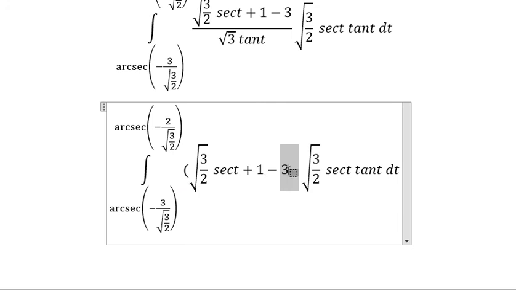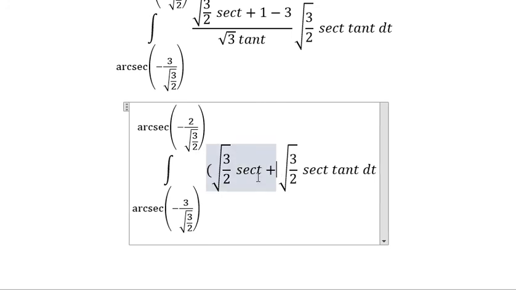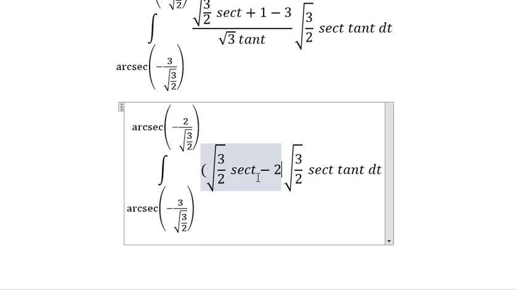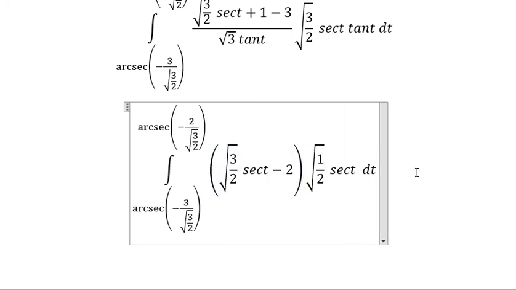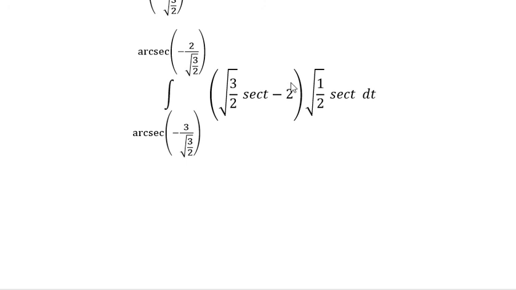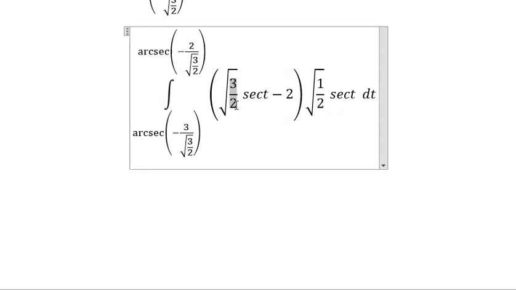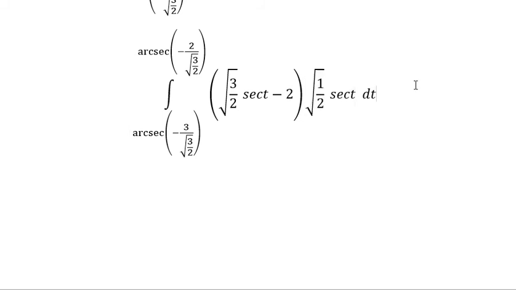One minus 3 is negative 2. So this one multiplied with this one, and negative 2 multiplied with this one. So we got 2 integrals.